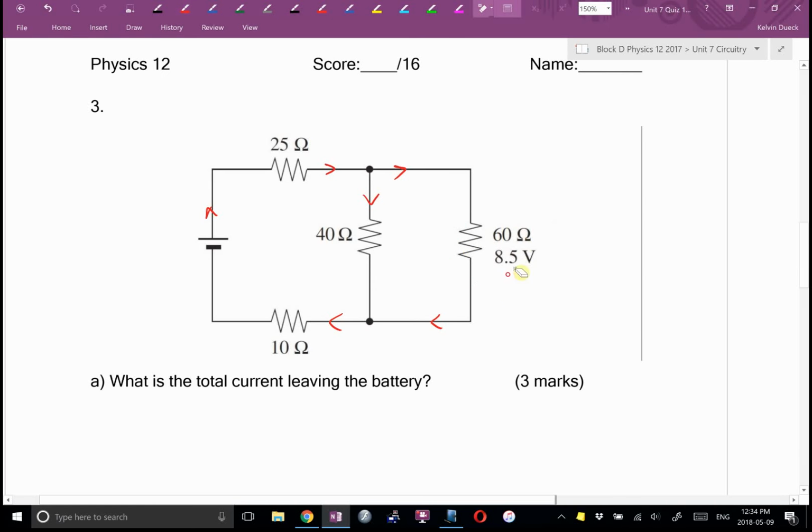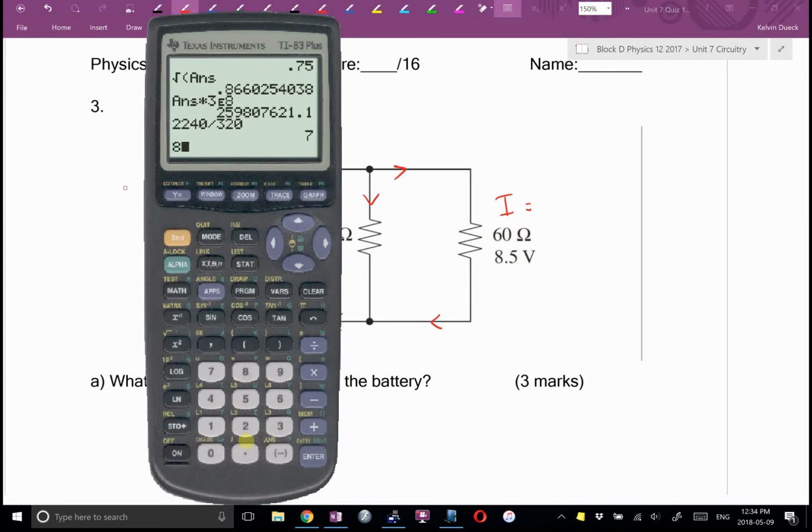Because if I know that, I also know that the current here is 8.5 divided by 60. 0.14166. Because I'm going to use this, I'm going to carry some extra sig figs, so I'm going to write 0.14167.